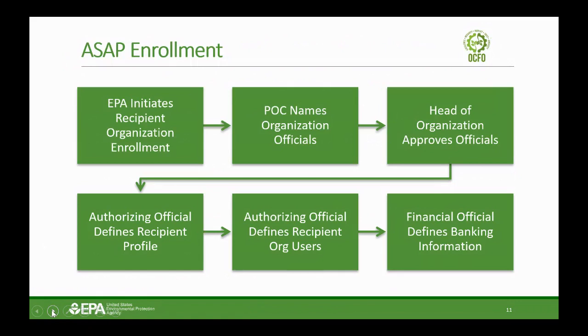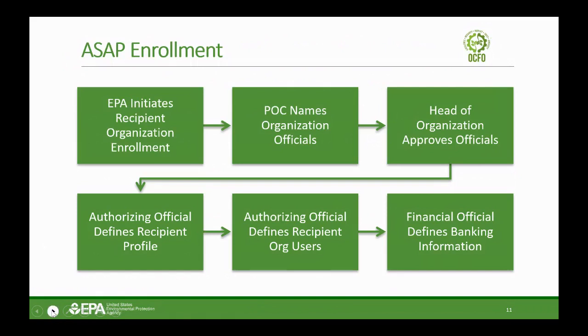Then the authorization officials will approve these recipients. But my big thing is, just to let you know, each and every person that has access to ASAP will need ID.me. So each individual will have their own ID.me to log into ASAP.